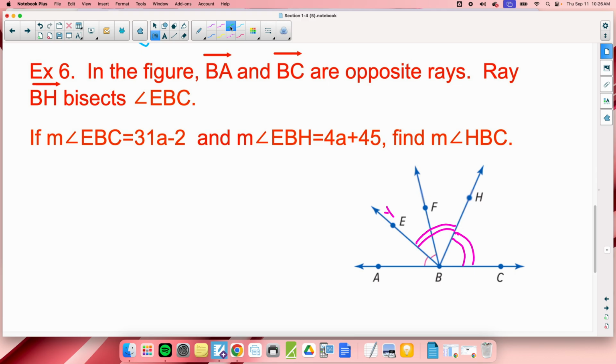Now, they tell us angle EBC, which is this whole thing, is 31A minus 2. EBH, which is these two arcs, is 4A plus 45. Do you guys get it? This is 4A plus 45.